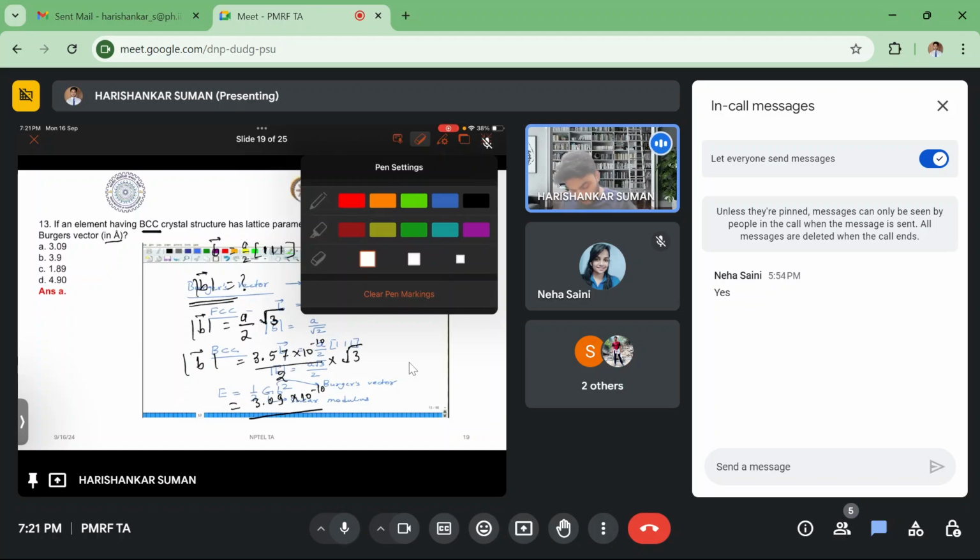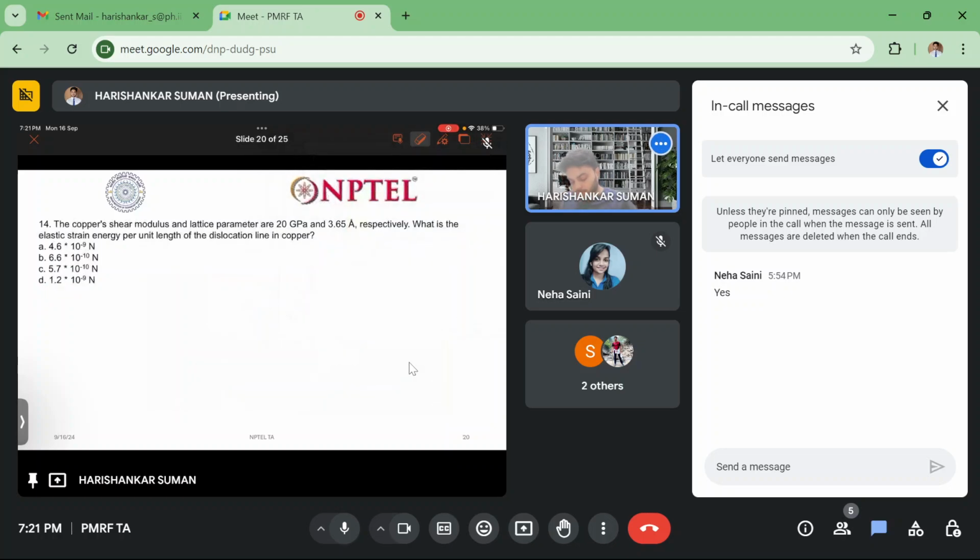This is the formula. The copper shear modulus and lattice parameter are given. This is 20 gigapascal and the lattice parameter. What is the elastic energy?